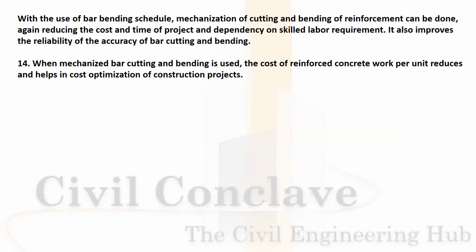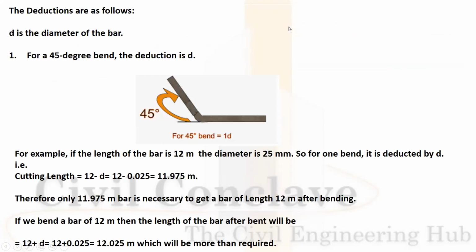When using the bar bending schedule, mechanization of cutting and bending of reinforcements can be done, which again reduces the cost and time of the projects. When mechanized bar bending and cutting is used, the cost of the reinforcement work per unit reduces and helps the cost estimation of the construction project.